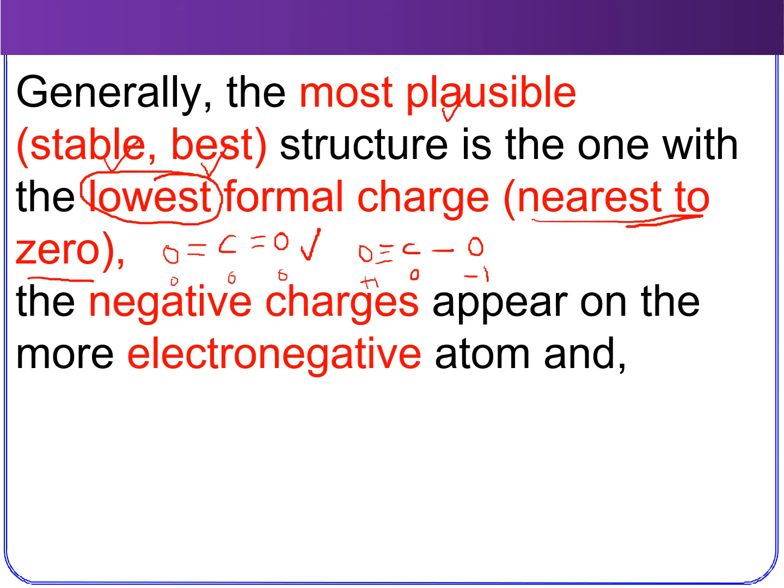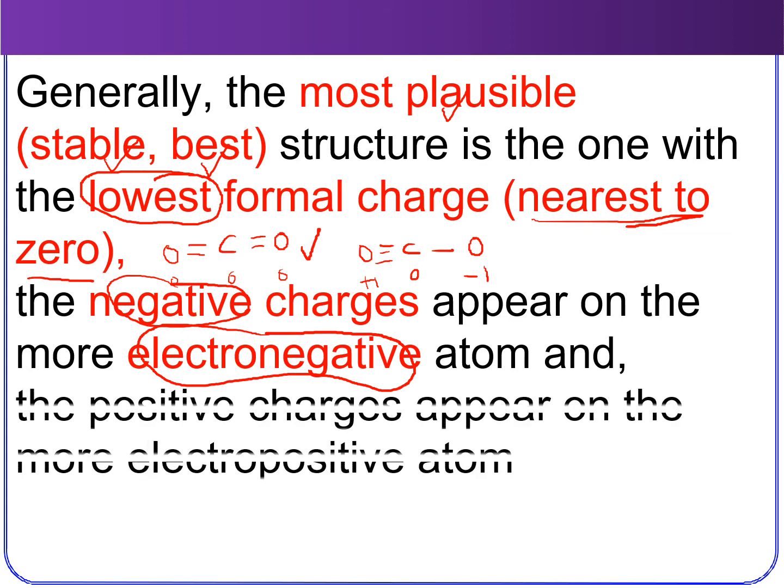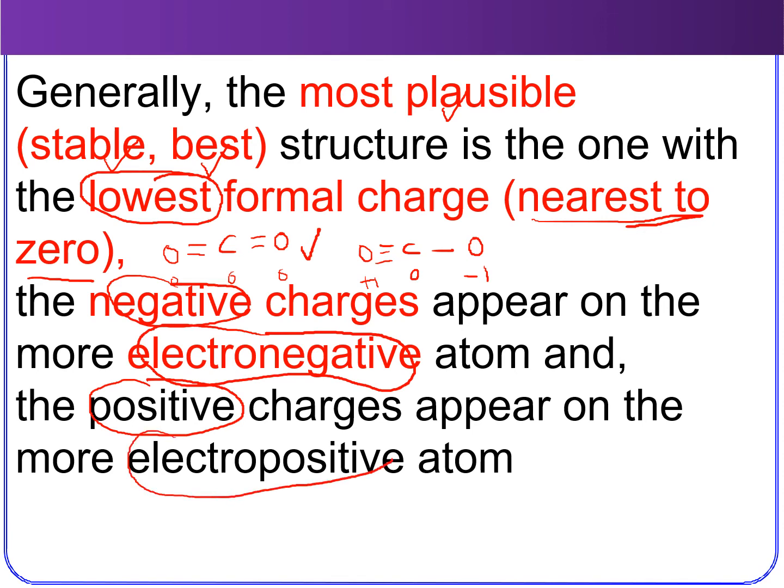If there is a negative charge, your total formal charge must always be negative as well, and then the negative charge will go to the more electronegative atom. The same case happens if the molecule has a positive charge: the total formal charge is positive, so this positive charge has to go to the more electropositive atom.